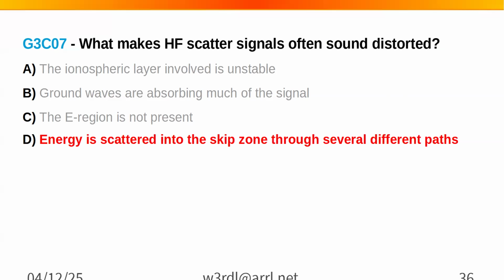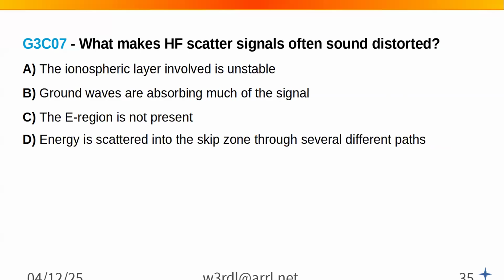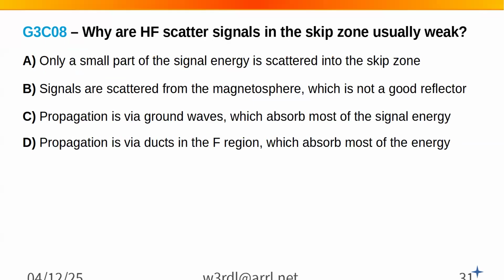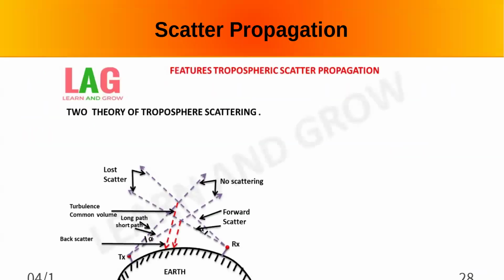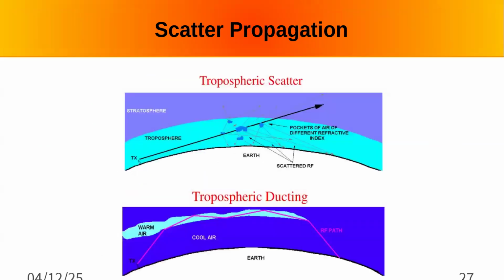On the drawing you had up there, you had the one signal going up and then a whole bunch of them coming down. That one, see that? Scattering, yeah. So you've got the troposphere and then the stratosphere and the ionosphere.